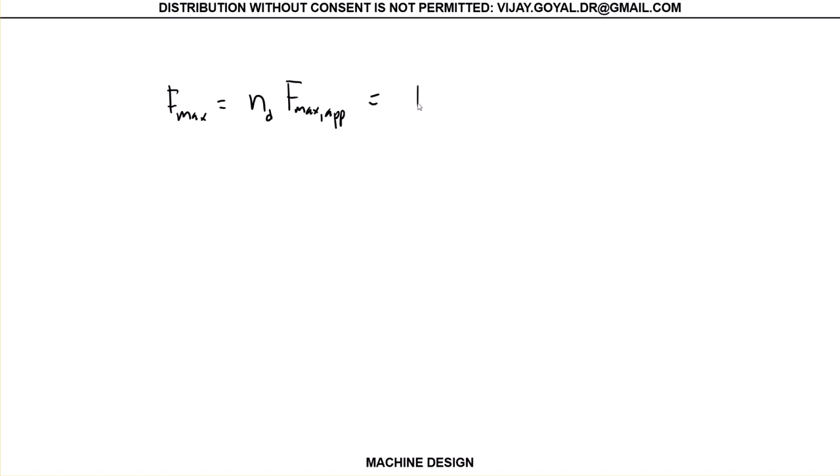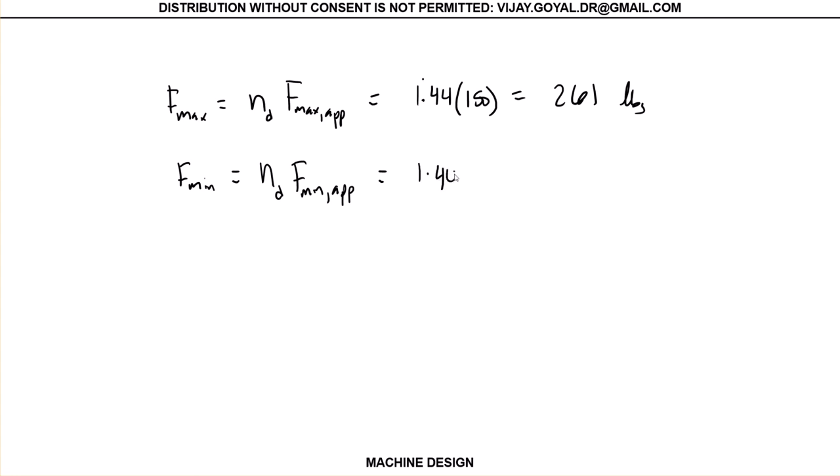So that gives you 1.44 times 150, which gives you 216 pounds. Fmin will be ND times Fmin, what's applied in the problem, which is 110, so that gives you 158.4 pounds.